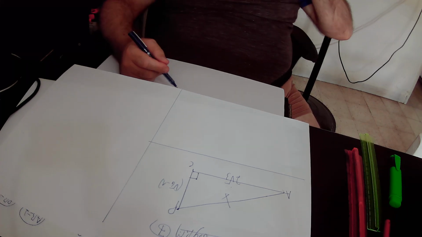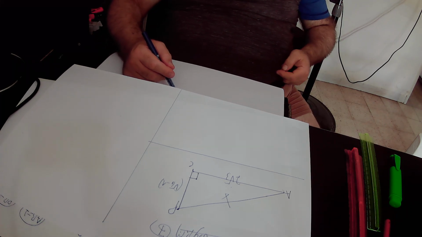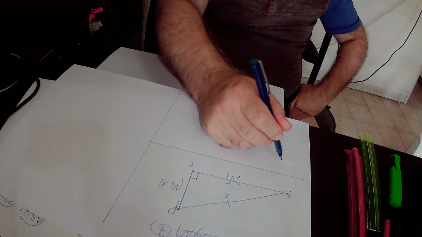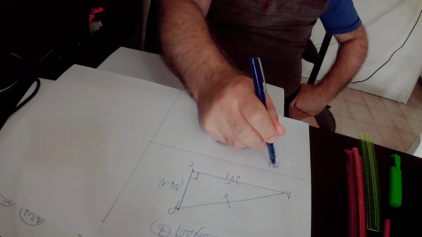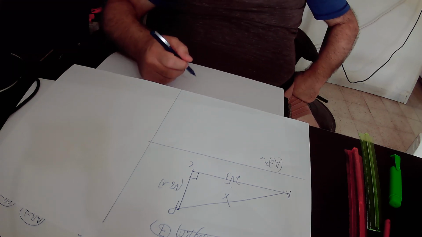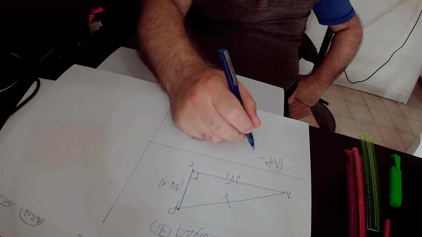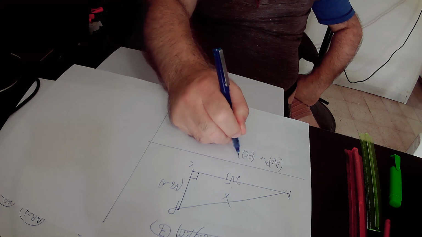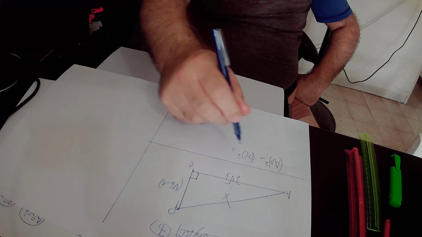The hypotenuse in this right triangle APC is AP, therefore the square of the hypotenuse is AP squared, and it must be equal to the sum of the squares of the perpendiculars. That is to say, it must be equal to PC squared plus AC squared.